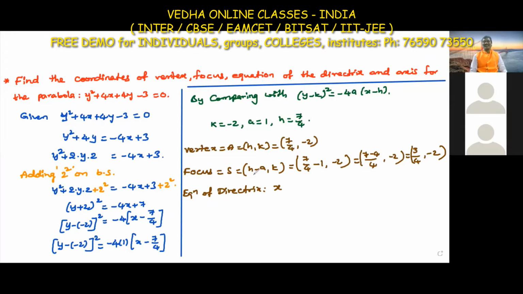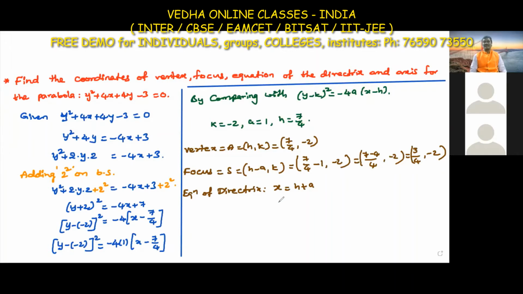Okay, either x is equal to h plus a, or x minus h minus a is equal to 0. Is it right? Yeah. Okay, so if you take h and a to the left side, x minus h minus a.